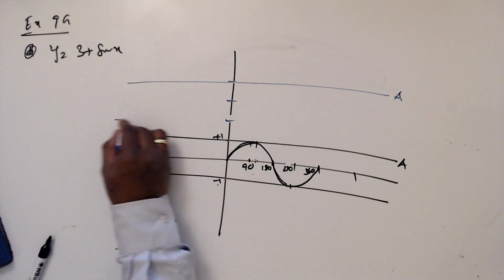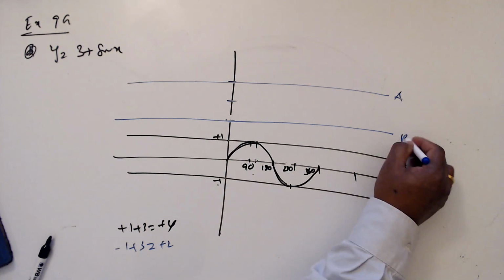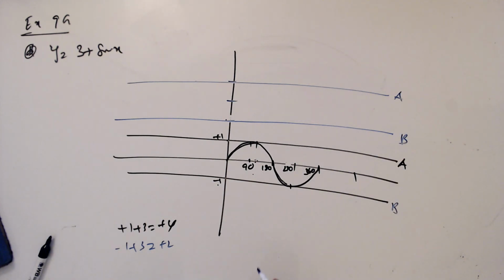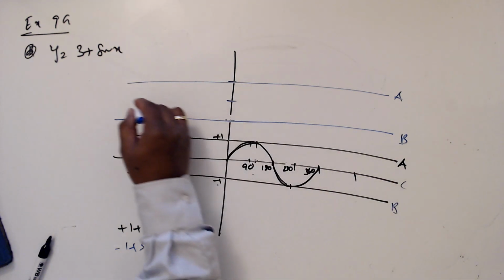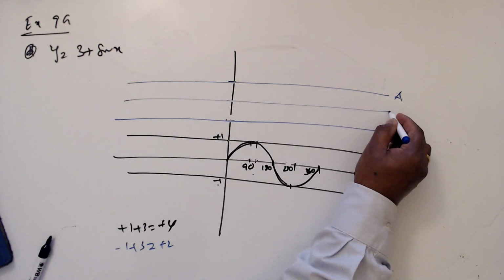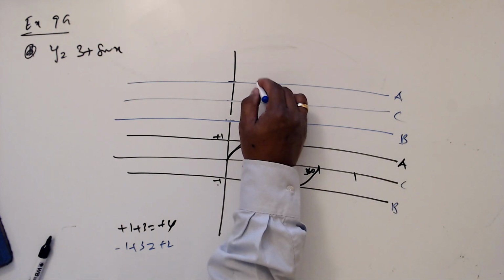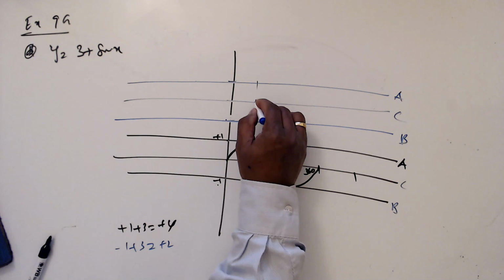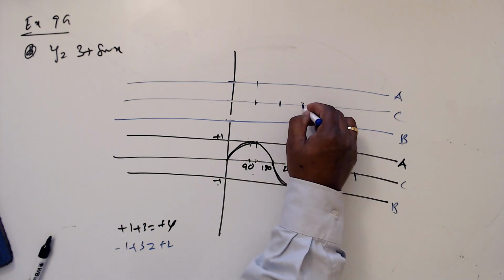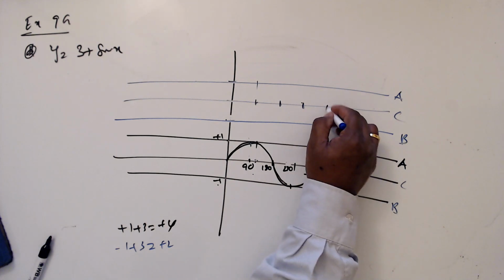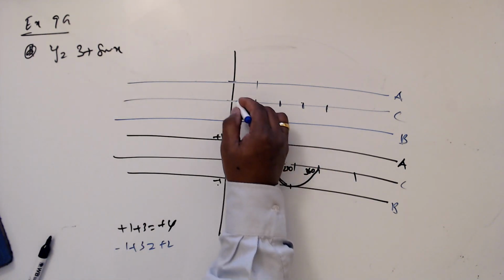Now this is the new B line, and this is the C line, the middle line. So the C line is in here. Now this is 90, 180, 270, 360. So now this is the y equals 3 plus sin x graph.